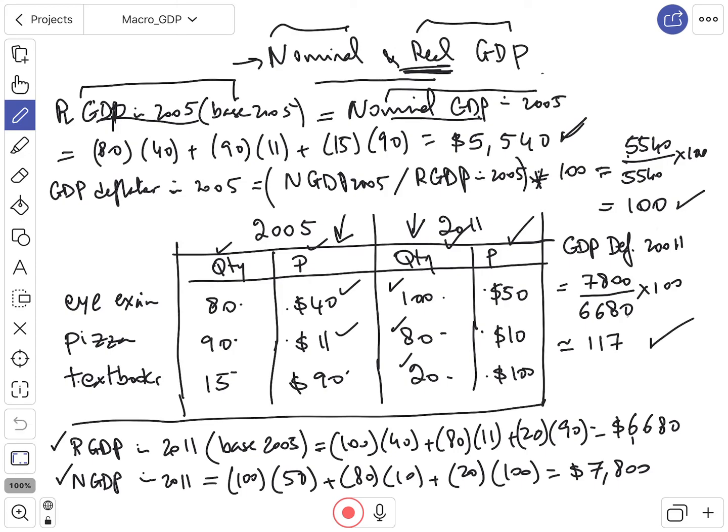It has increased to 117 in 2011, so there is a jump of 17%, and you know how to get this number: 117 minus 100 over 100, times 100, equal to 17%. So there is a 17% jump in prices, because the GDP deflator is a measure of prices from 2005 all the way to 2011.